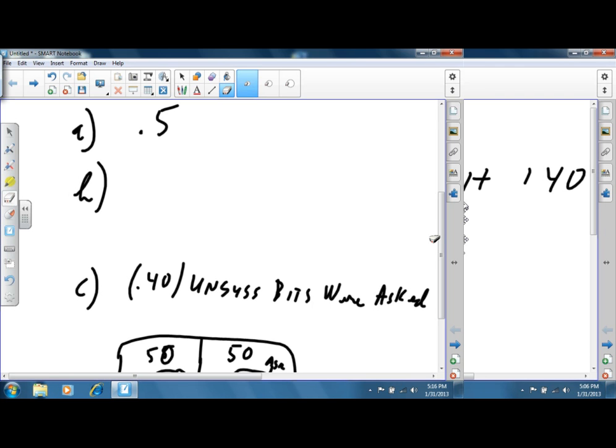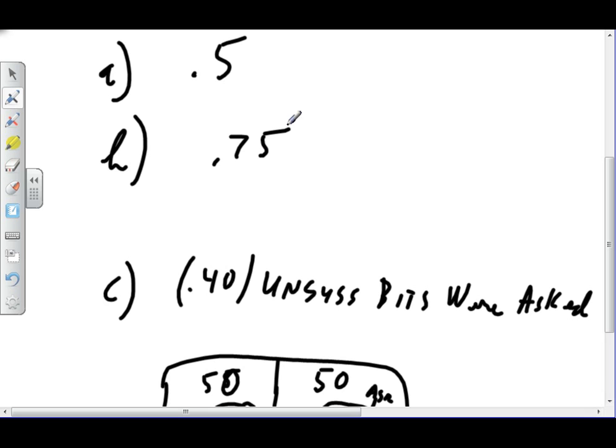I'm thinking it's 75%. The conditional probability of a request for additional information, given that the bid will ultimately be successful. I'm thinking that that's 0.75, because I know I'm successful.